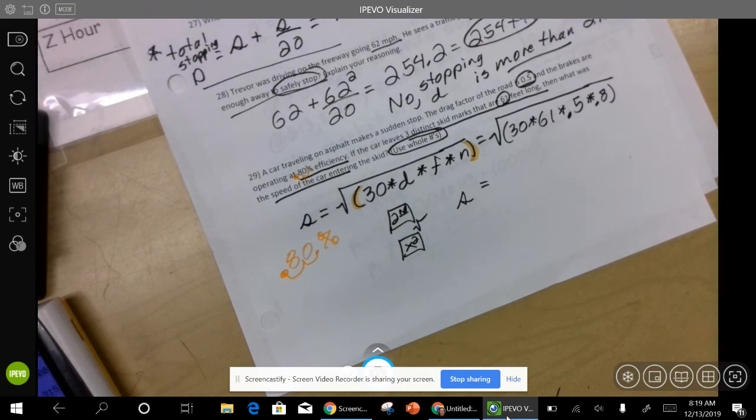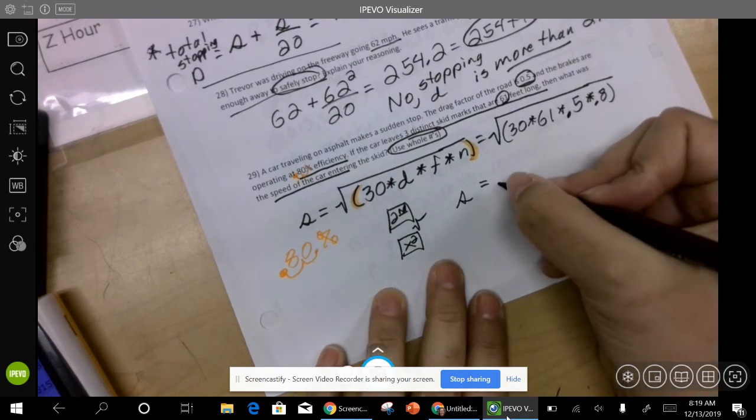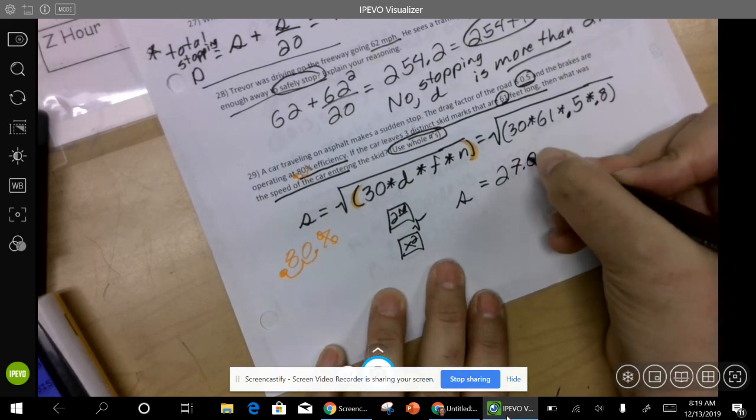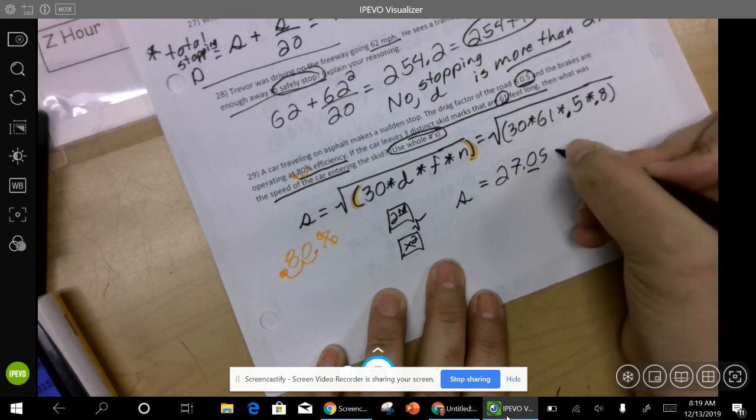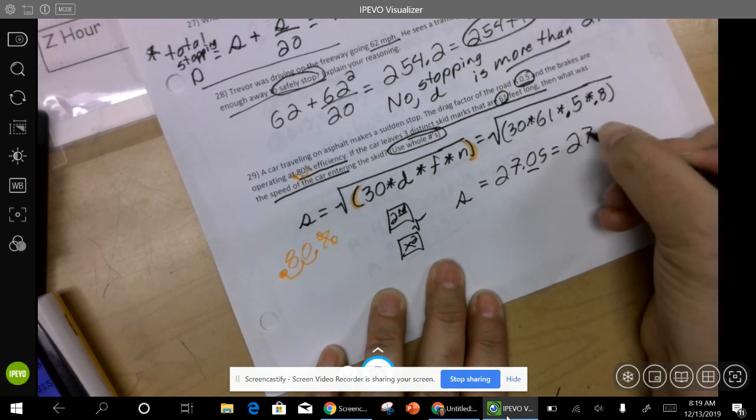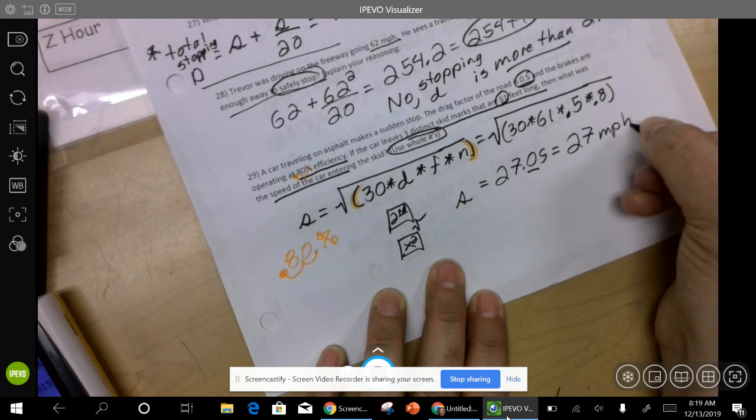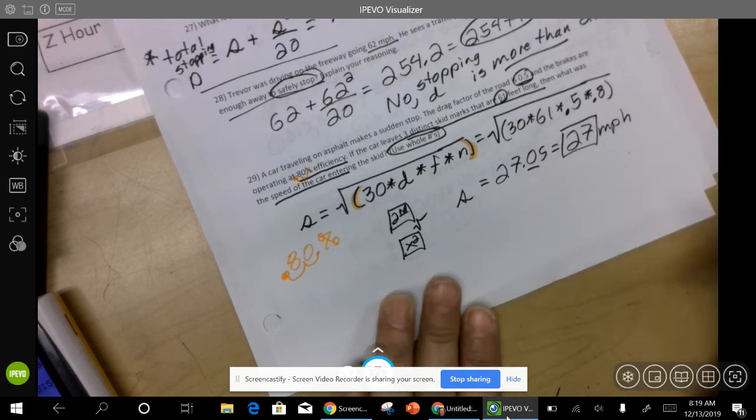Okay, so I get 27.05, 5 and up, rounded up. So our speed is going to be 27 miles per hour. So that would be my answer.